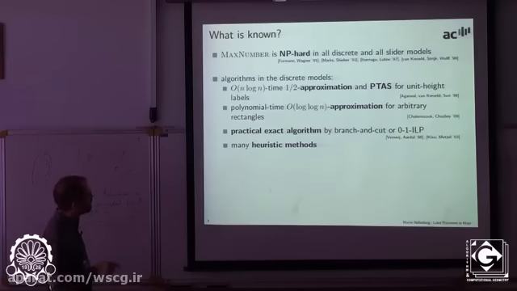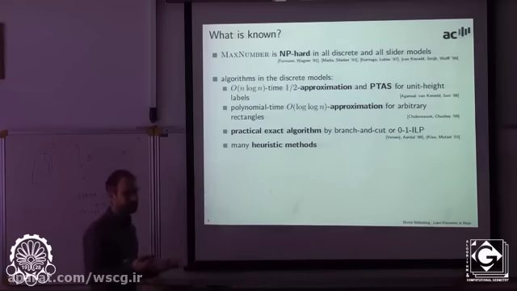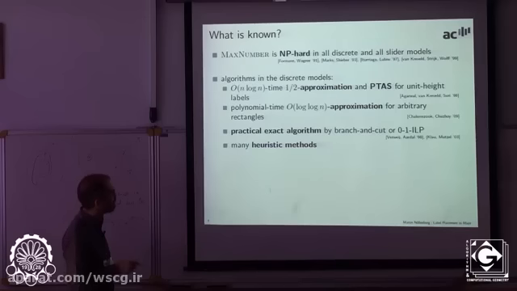There is an algorithm that provides a log n approximation. But the good thing of this is that it works for arbitrary rectangles. So you do not have this limitation of having unit size. And this is like 10 years ago.